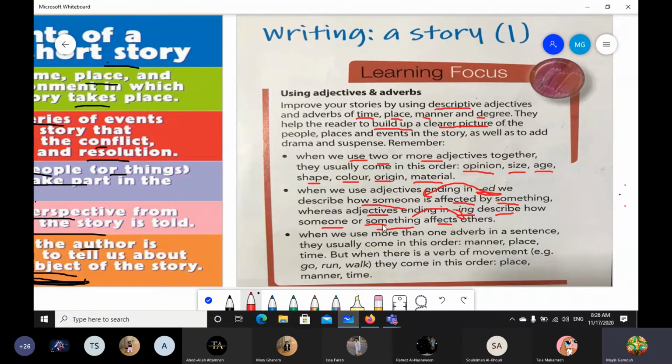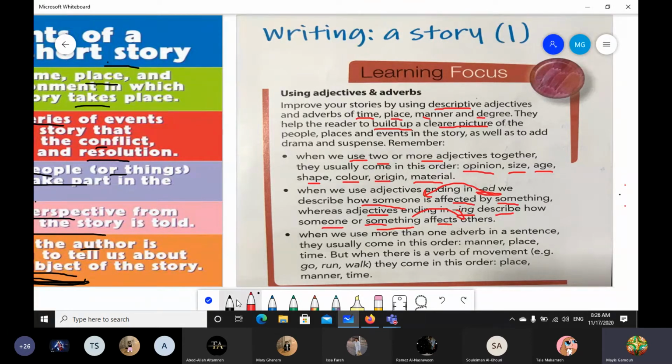This game, any kind of game or sport, affected the person we are talking about. So this is the difference between the adjectives that end with ed or ing.